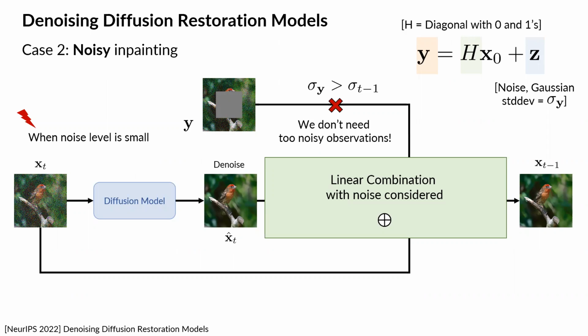So we basically do not want to use this noisy observation, because even if we use it, we are at a noise level where using it does not help us that much. So we will just do a linear combination, but with a different case, where we don't consider the observations exactly.